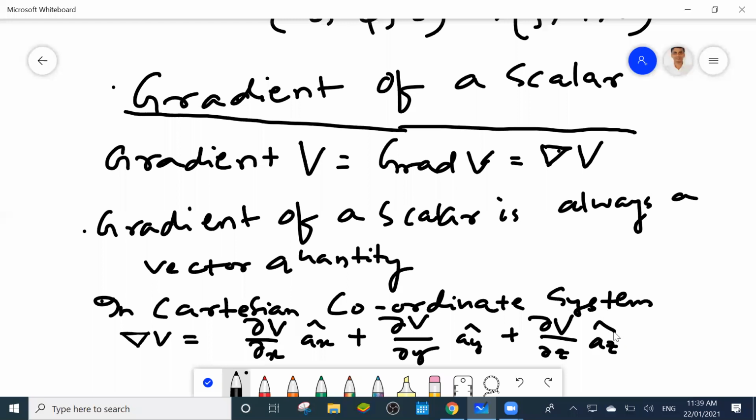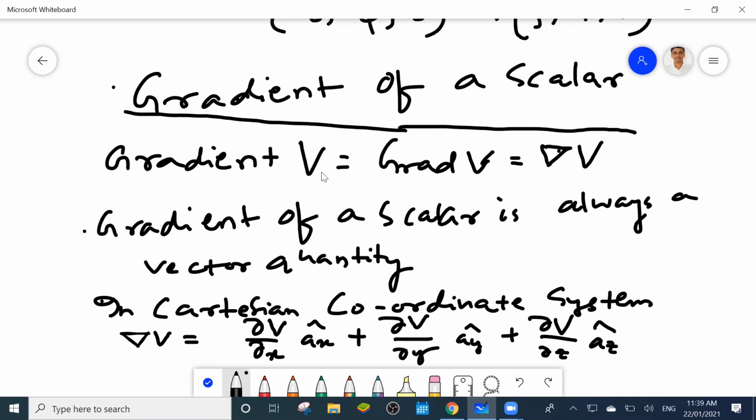So is this a vector quantity or scalar quantity? Vector quantity. That's why the gradient of a scalar is always a vector quantity.